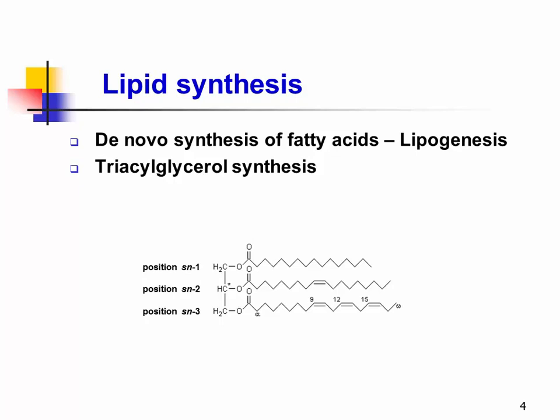So I just want to remind you again, this is the molecule of the triglyceride, with a glycerol backbone and three fatty acids attached to the glycerol backbone, forming triglyceride.